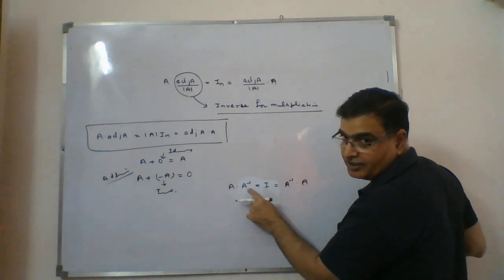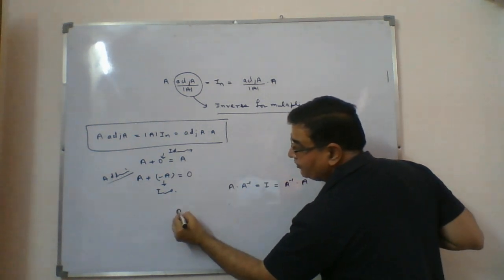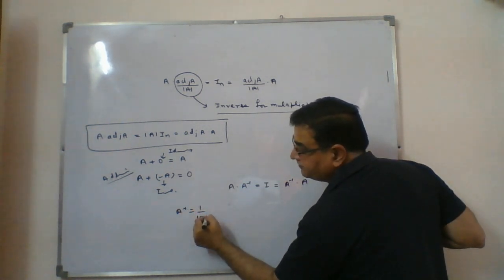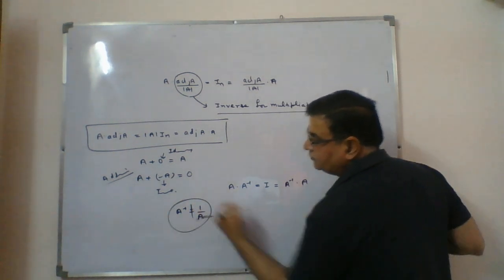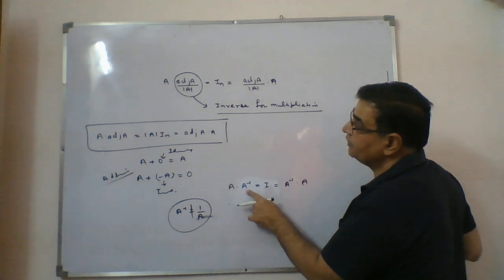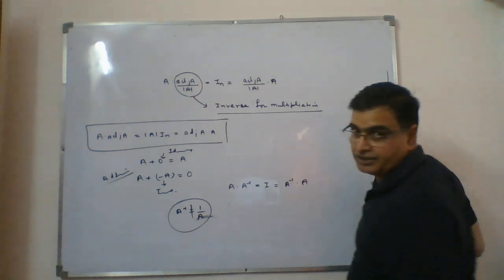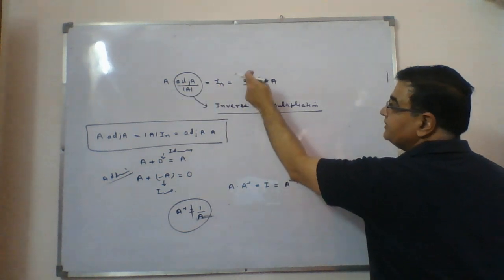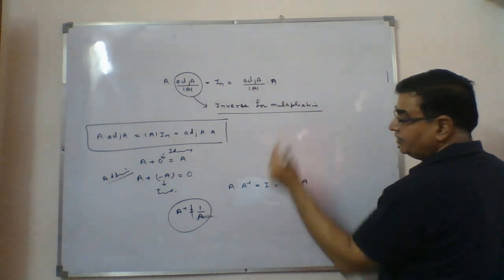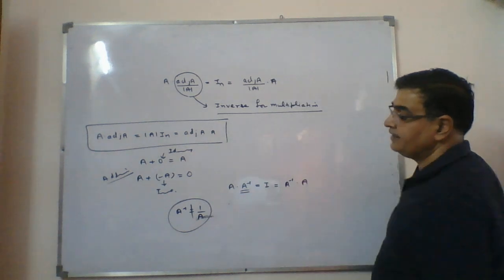But you can't say A inverse means 1 by A. No, this is wrong. You can't write this. Inverse this time means adjoint A by determinant A. So A into adjoint A by determinant A is In, and adjoint A by determinant A into A is In. Then this will be called A inverse.